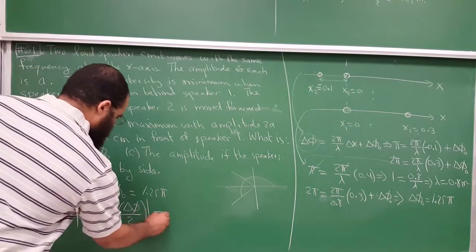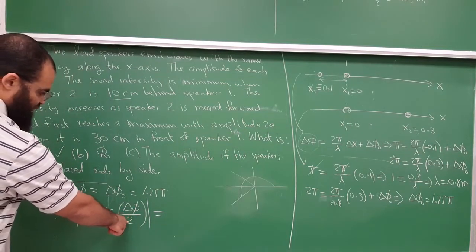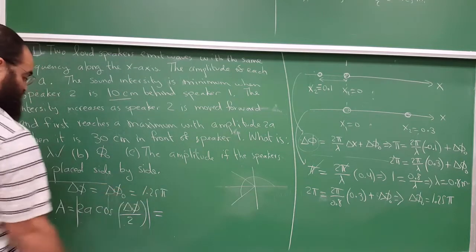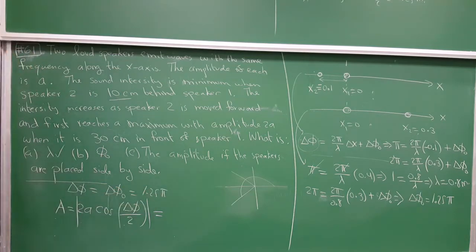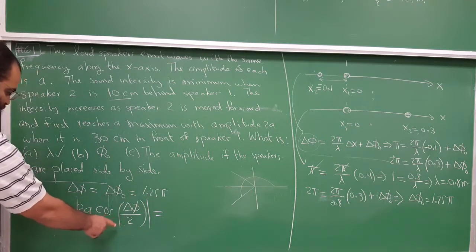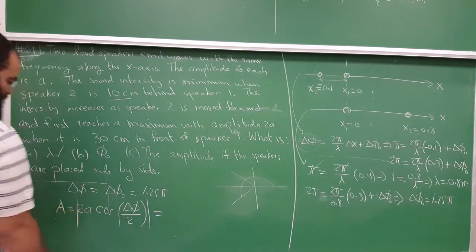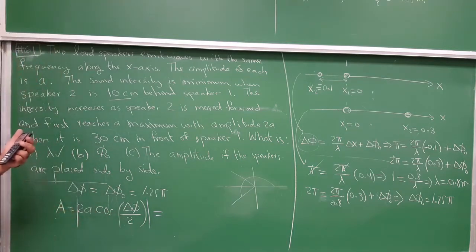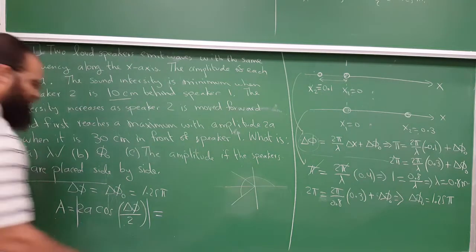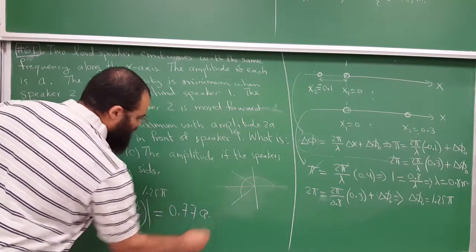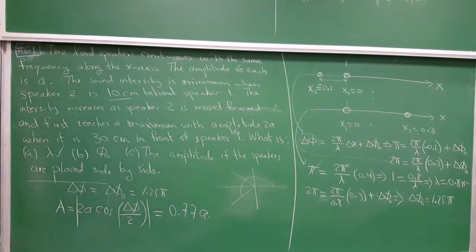If you plug in 1.25 pi divided by 2, or 3/4 of pi, and take the cosine of the angle divided by 2, then multiply everything by 2, that gives you 0.765, 0.77 times A. That will be the amplitude.